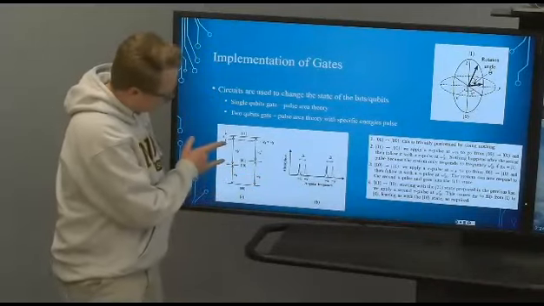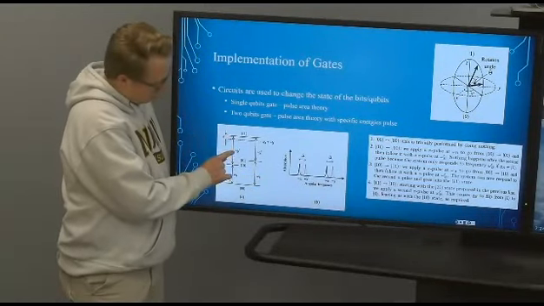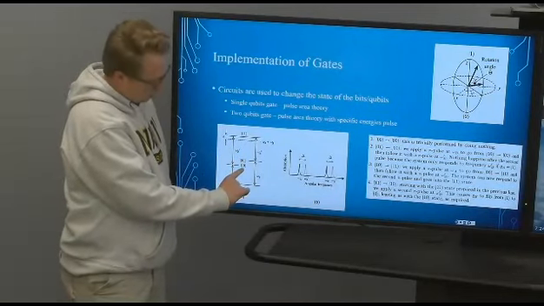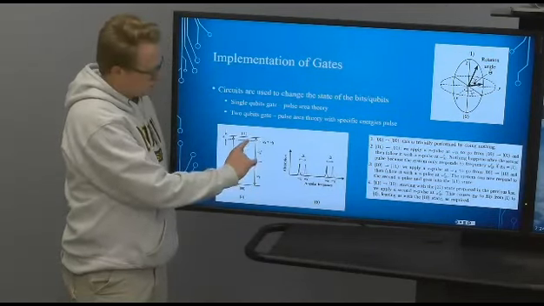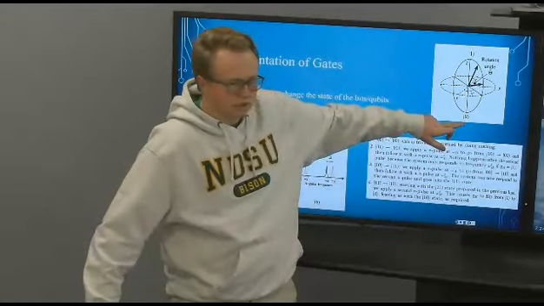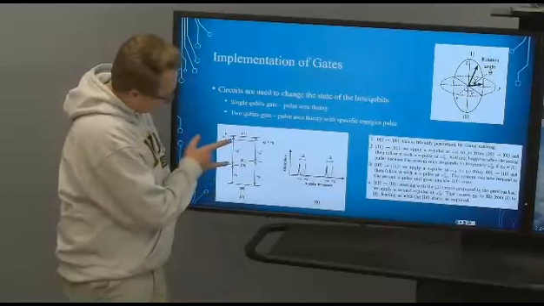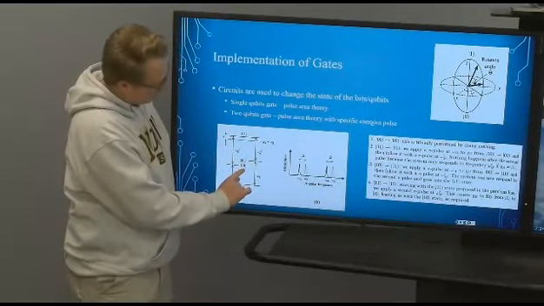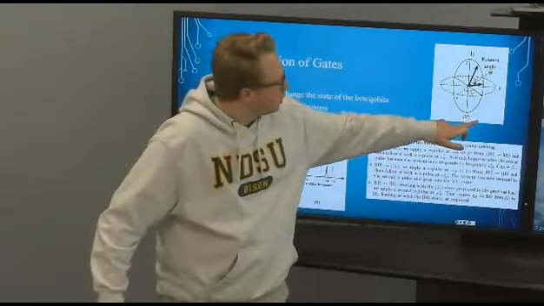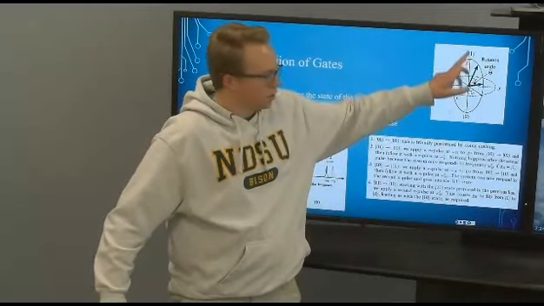But if we just do a pulse at omega B, then we go from 0 to 1. So at this energy it only affects the second state. We go from 0, and then we do a pulse, and then we go up.